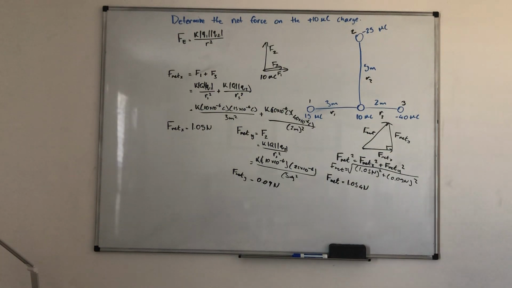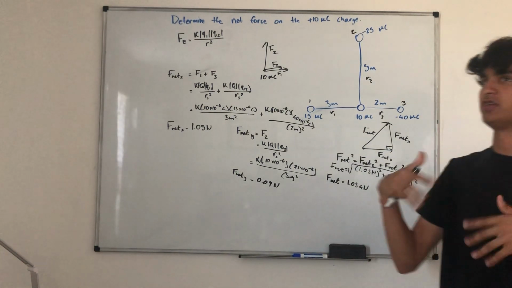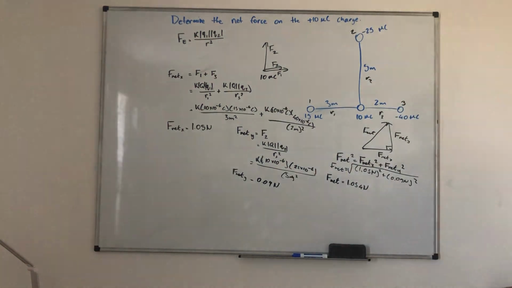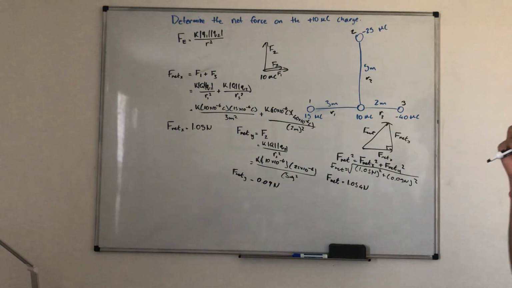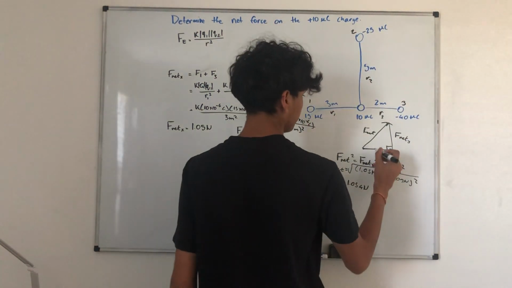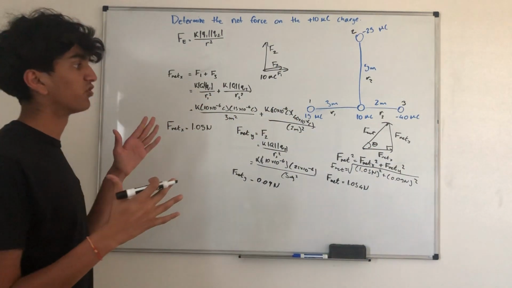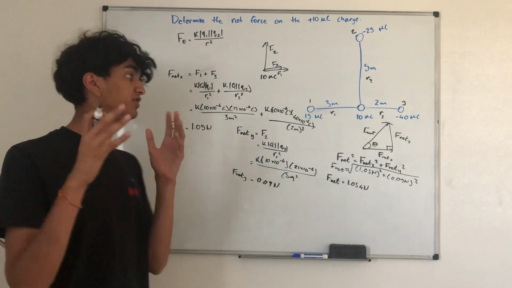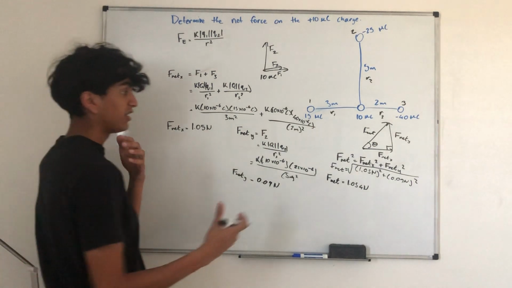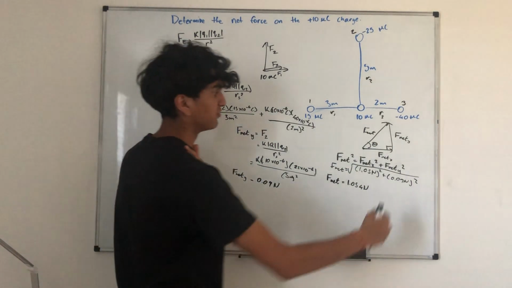The way I do direction, because up, down, right doesn't really work, is I can use an angle. So this angle right here is the angle above the horizontal that I can use to find the direction. If I want to find that angle, I can use my calculator and do some inverse trig.